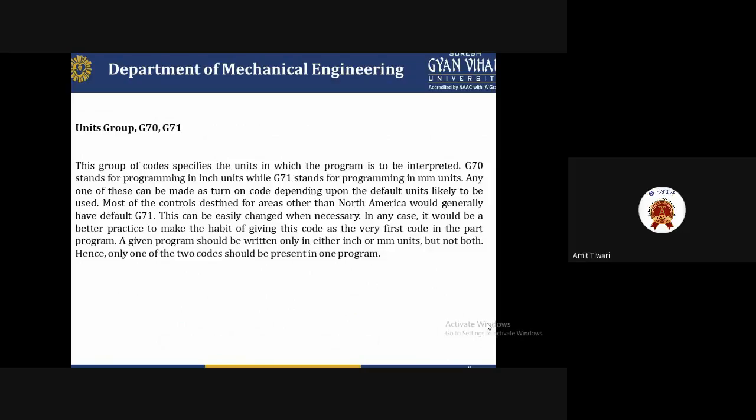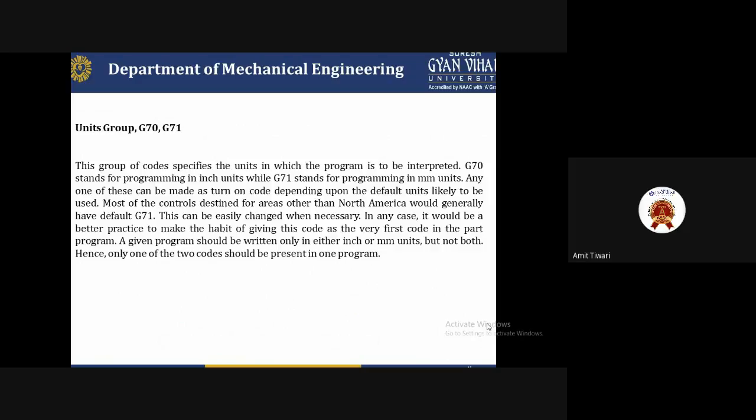It can be easily changed when necessary. When required, you change the G70 and G71 code as per the requirement, and it will work automatically in the program without you having to stop or change the program.